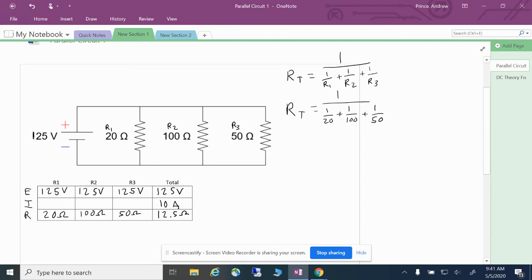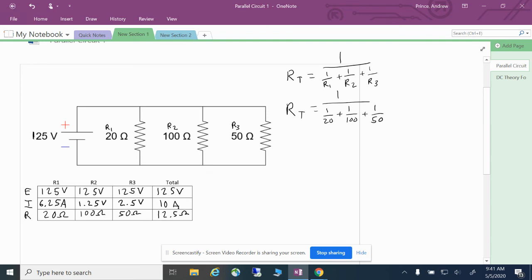So we're just going to do the same thing with those. So we got 125 divided by 20, which is going to give you 6.25. 125 divided by 100 gives you 1.25. And then 125 divided by 50, 2.5.